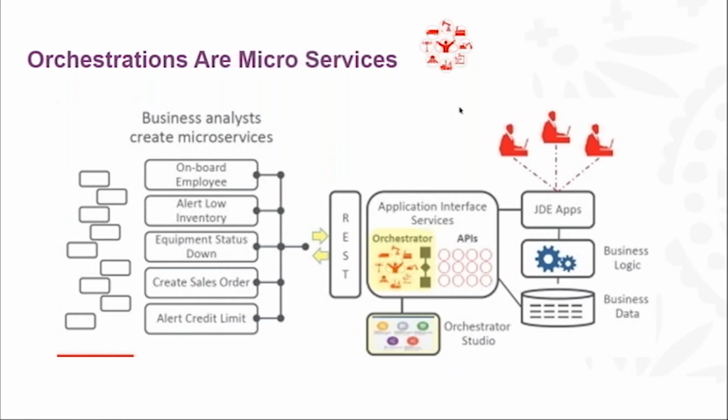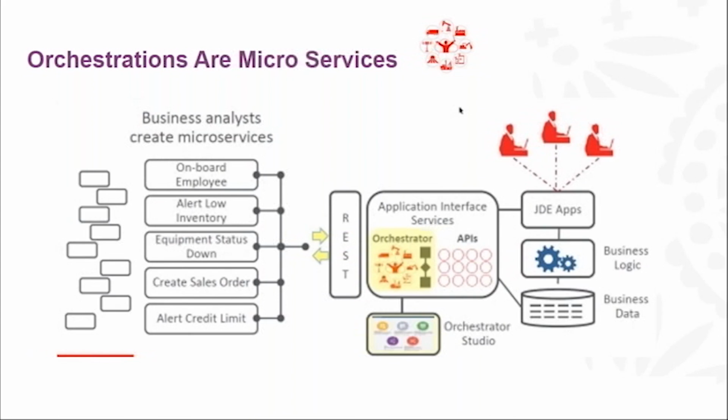There are different components that will be necessary to build an orchestration, which I'll show in the next slide, but the basic component that it has to have is a service request. The service request could be as simple as creating a sales order. So you can take a service request or have multiple service requests and build an orchestration around it.